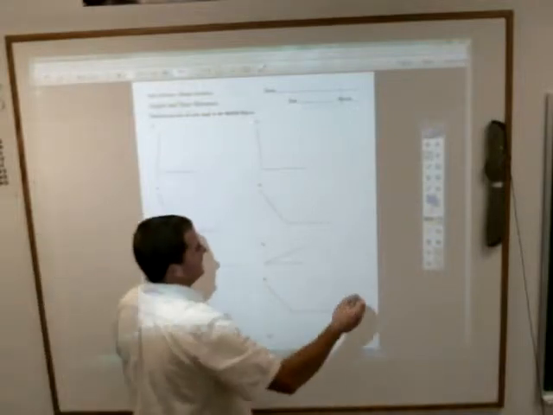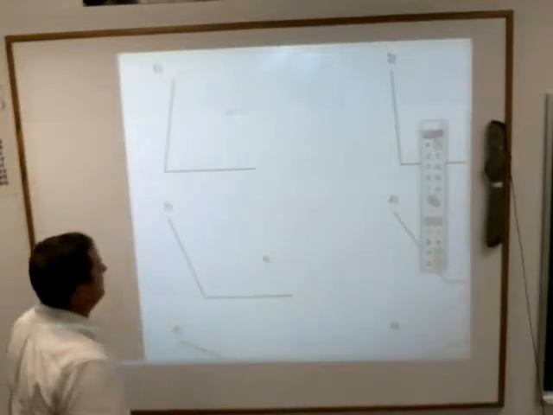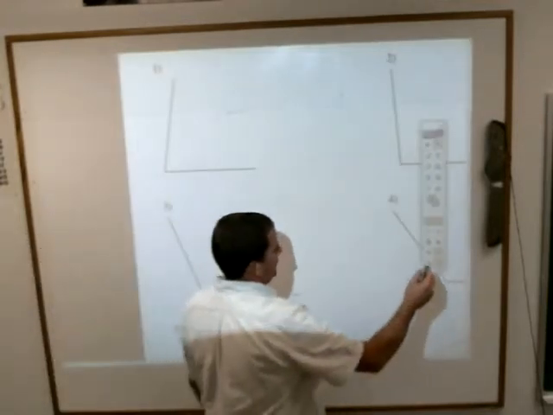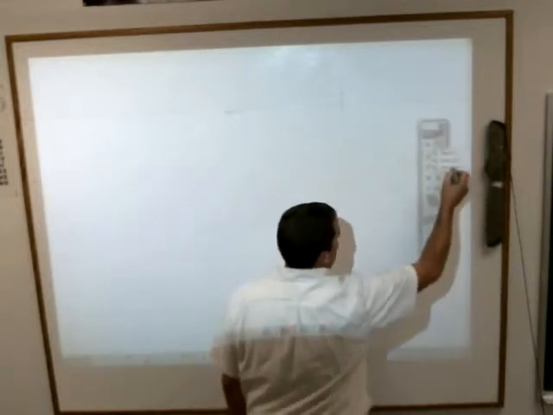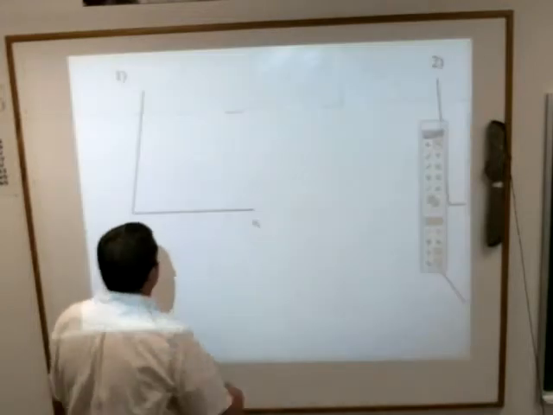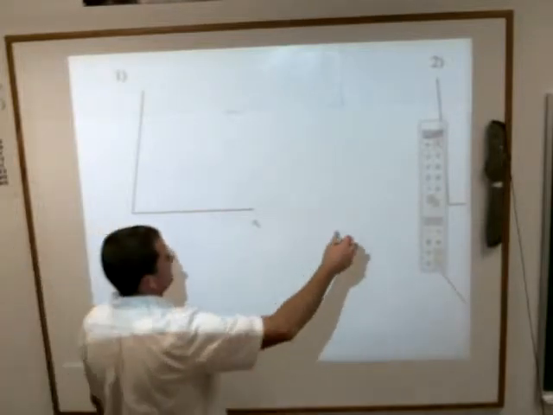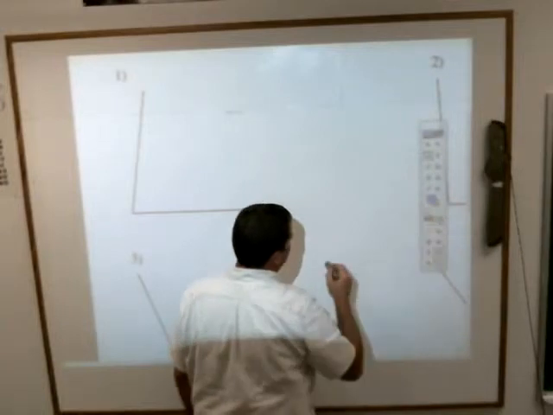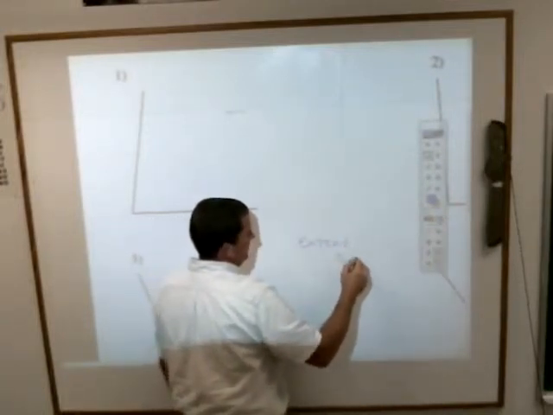Okay, so jot down whether you think they're acute or obtuse. And then the second thing I want you to do is, your protractors do not work if the angle that you're measuring doesn't go through the sides of your protractor. So step number 1, I need you to extend the sides on all of them.